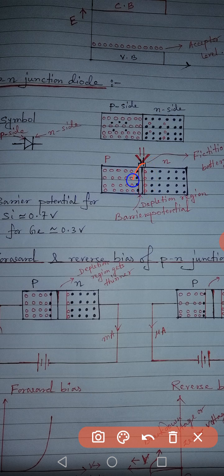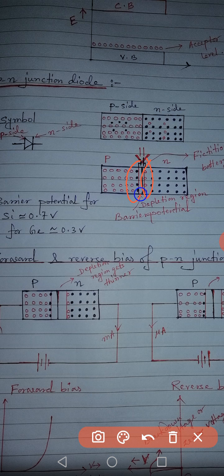So in this junction, on one side we are getting some electrons and on the other side some holes, which produce an electric field in the junction region. The direction of the electric field is from positive to negative. Due to the presence of these holes, it creates the positive terminal.